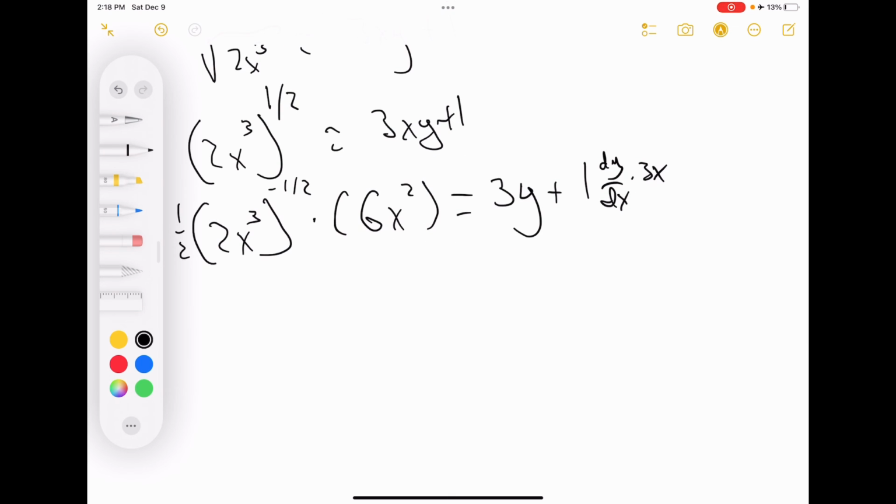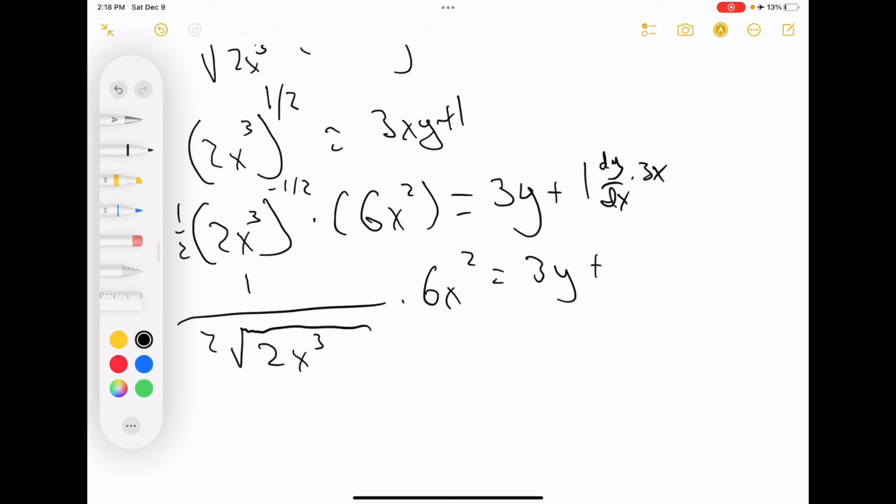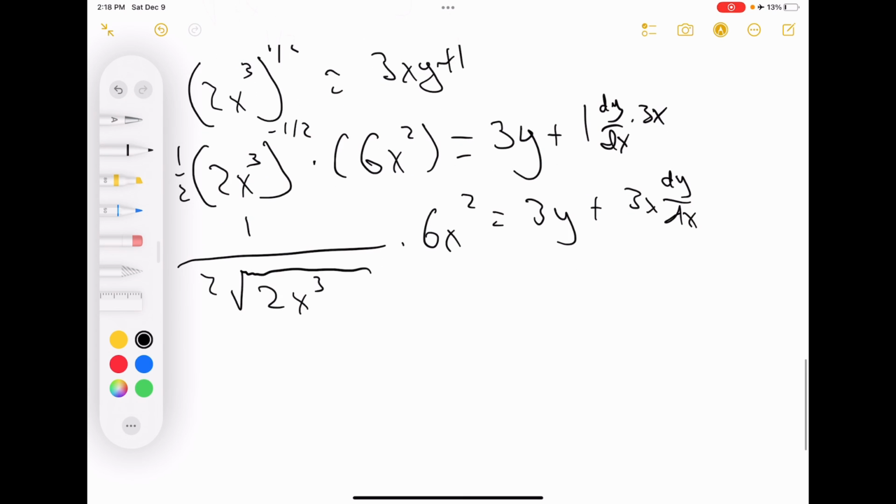So let's just rewrite this as 1 over 2 times the square root of 2x cubed times 6x squared equal to 3y plus 3x dy dx. So let's subtract 3y from both sides.